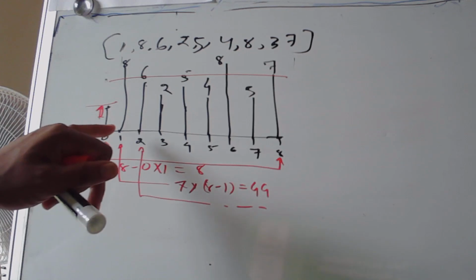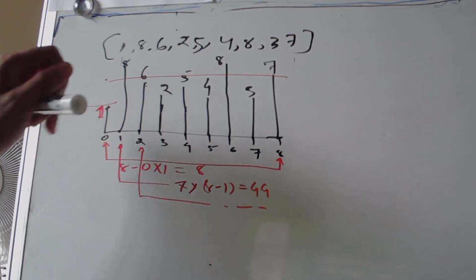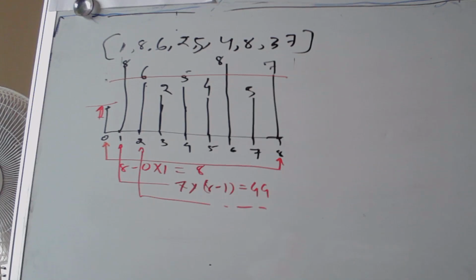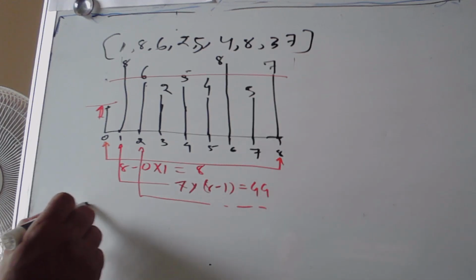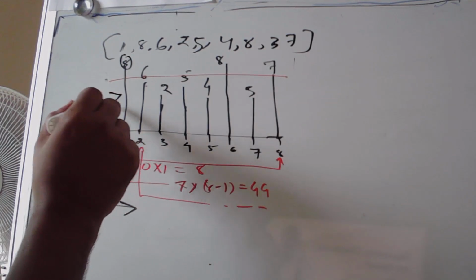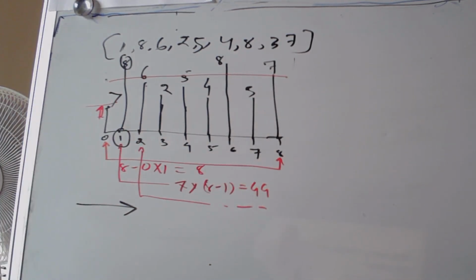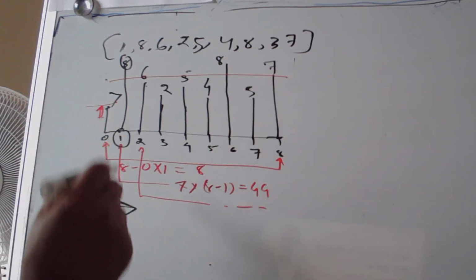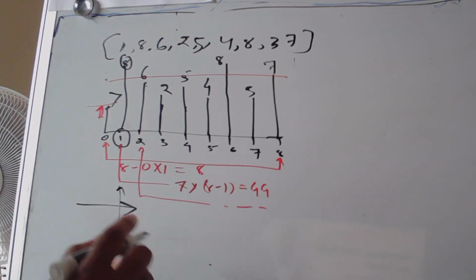Now the pattern is, if we see a highest wall, the chances are that the container with the highest wall will contain the most water. So when we iterate from left to right, we see now that 8 is larger than 1, so we're going to move our pointer to 1.